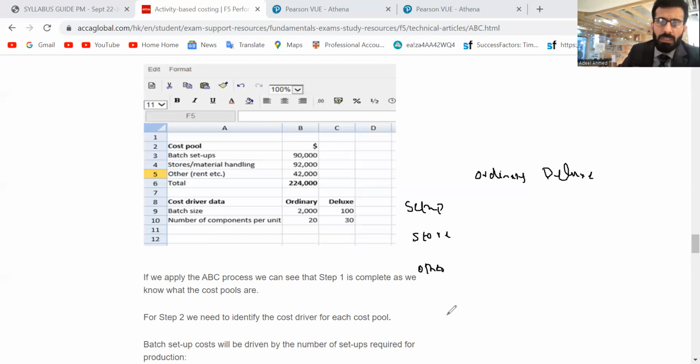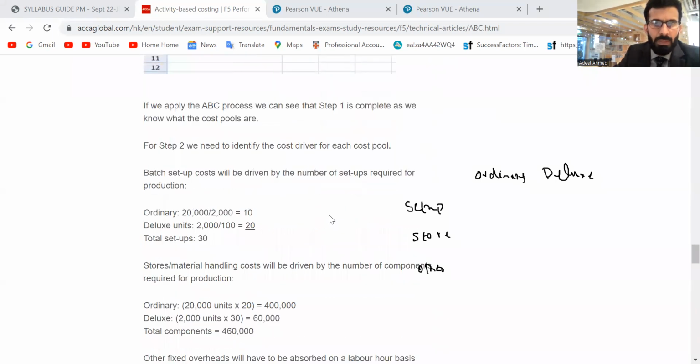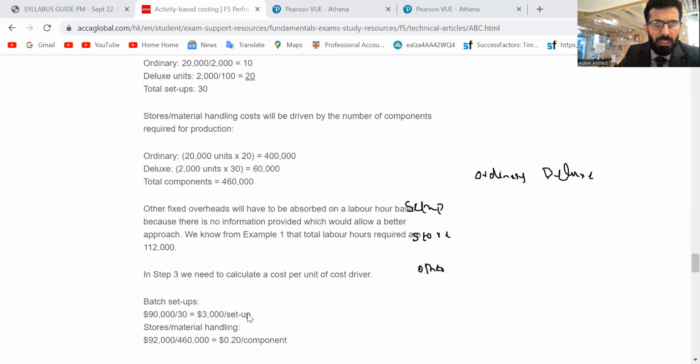Since the overhead absorption rate calculated for setup is $3,000 per setup, and the number of setups we calculated earlier as required to make the product ordinary is 10, I will simply multiply this overhead absorption rate with the number of setups, which is 10. So it would allow us to calculate the total amount of overheads associated with this product, ordinary, and the same goes for deluxe.